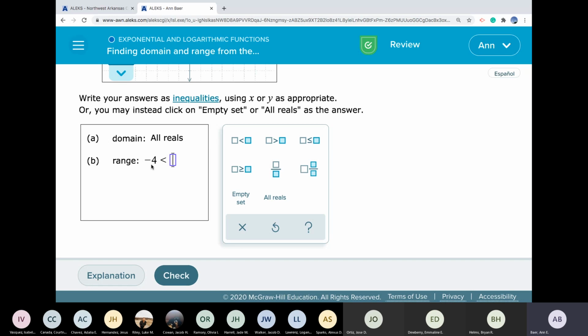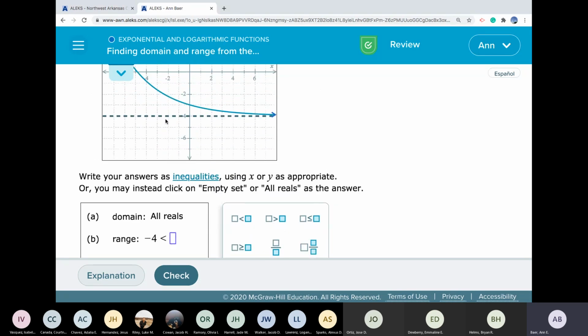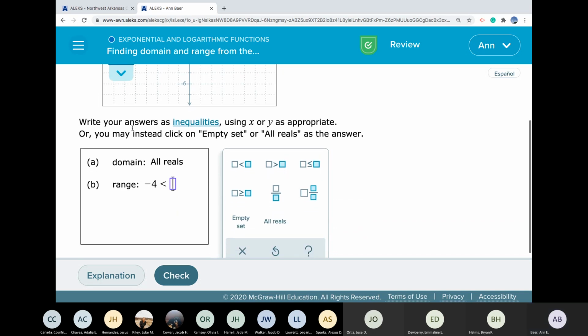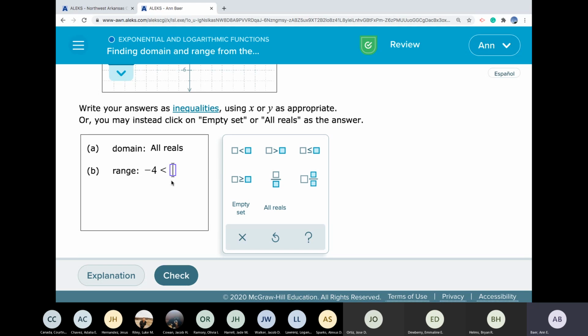-4 isn't one of the y's in the range, but we're looking at y's that are ever so close to -4. That's the reason for the less than. That horizontal asymptote is not part of the graph. The graph never intersects or touches that horizontal dashed line. So I'm just going to type in a y here and check.